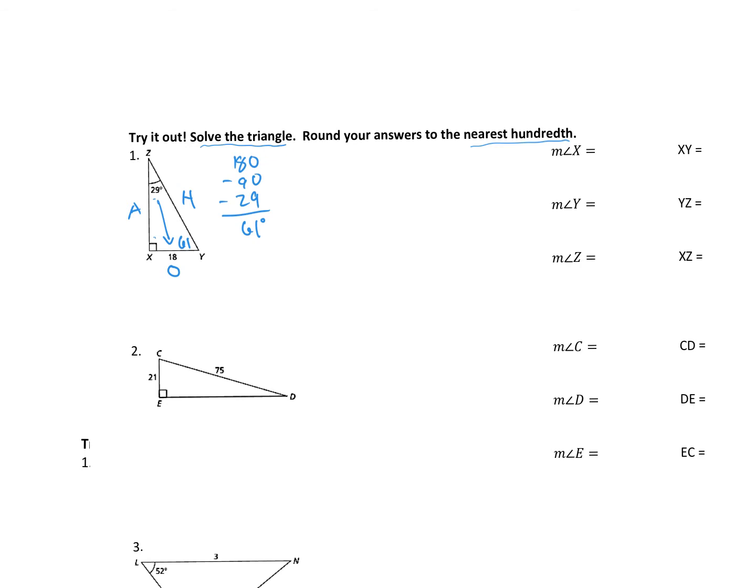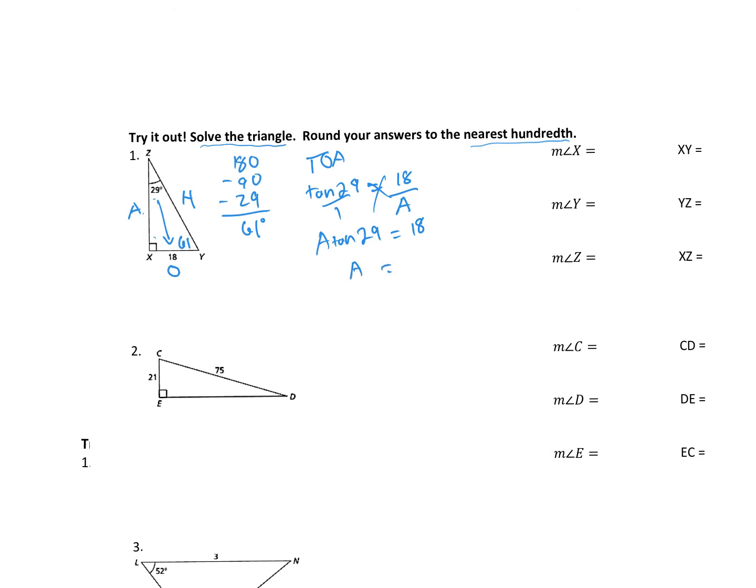So if I have my opposite and my A, I'm dealing with TOA, or tangent. So here, the tangent of 29 is my opposite, which is 18, over my adjacent. I'll just call that A. I'll cross multiply: A times the tangent of 29 equals 18.